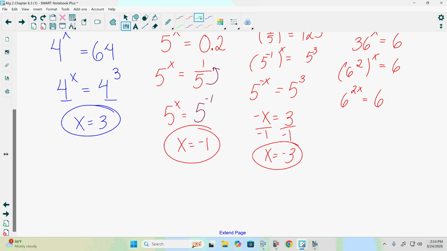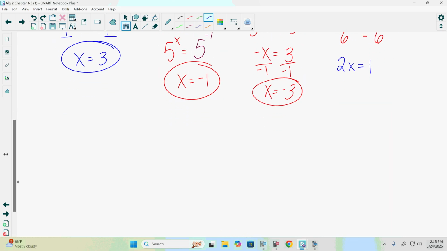What is the exponent attached to that 6? 1, yes? So 6 to the 2x is equal to 6 to the first. Are the bases the same? Both bases are 6, yes? If the bases are the same, the exponents have to be the same as well. Which means for us that 2x has to equal 1.